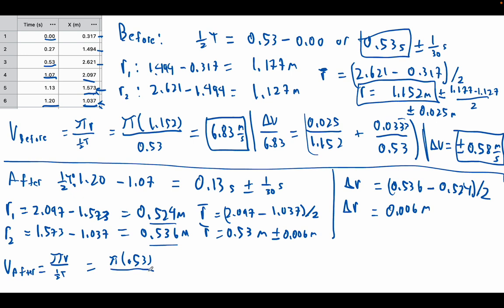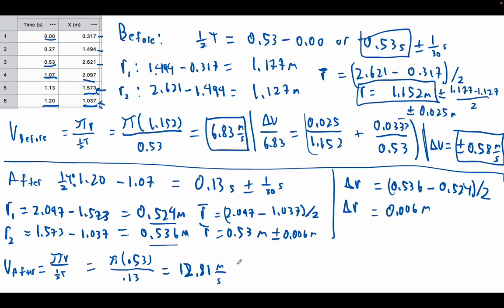The half period is 0.13 seconds. Wow, that's pretty fast. So pi times 0.53 divided by 0.13 is 12.81 meters per second. So it's definitely faster.